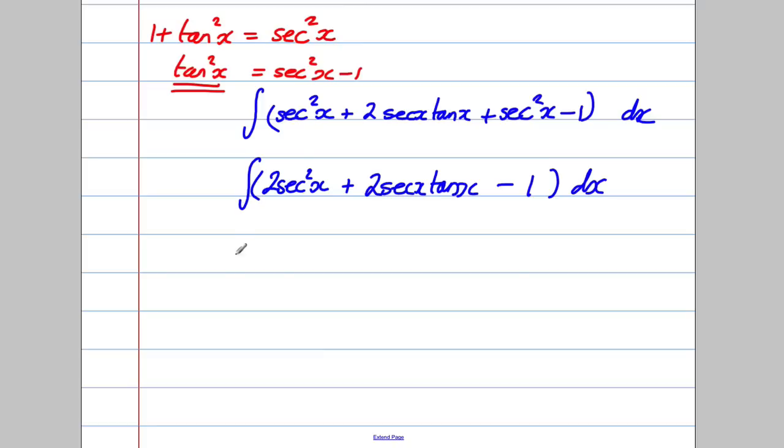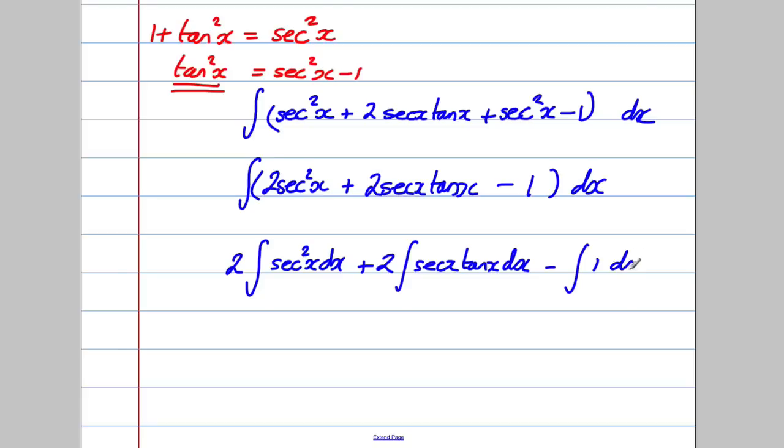I'm going to break this integral up: 2 multiplied by the integral of sec squared x with respect to x, plus 2 multiplied by the integral of sec x tan x with respect to x, subtract the integral of 1, all with respect to x. So each of these I'm going to show like that.